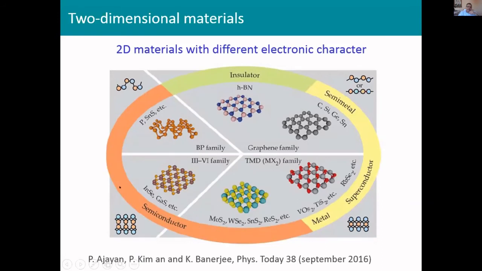As we can see, currently we have a very large family of two-dimensional materials with very different electronic character, going from graphene, which is a semimetal, to the insulator boron nitride. And in the middle, we have metals, superconductors, and semiconductors.